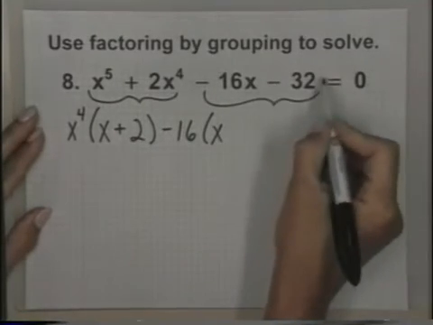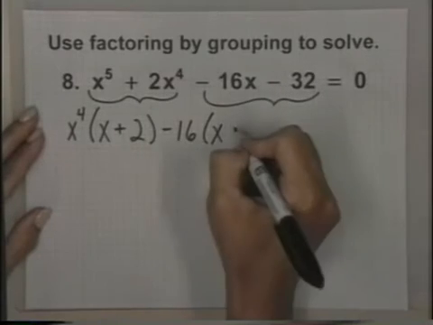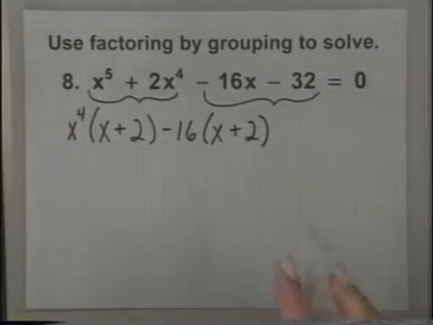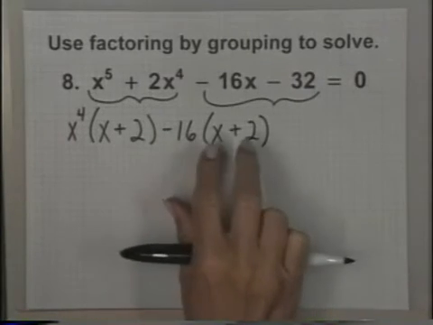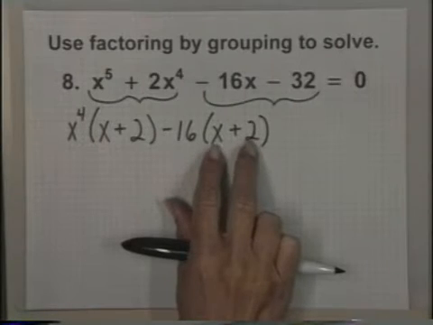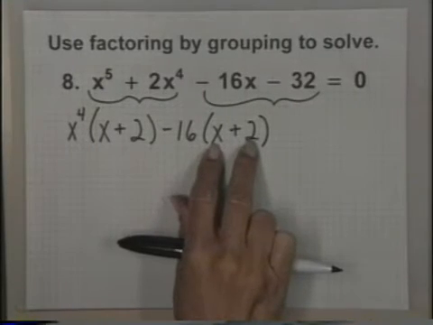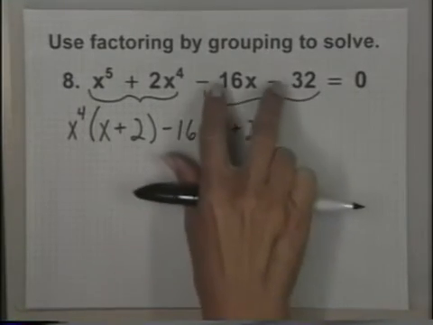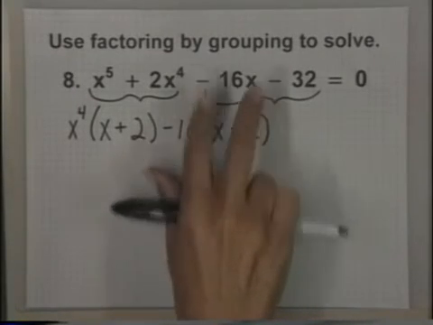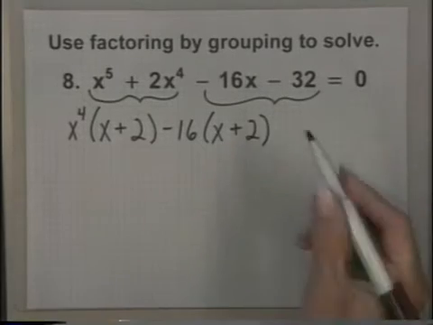And when we factor negative 16 out of negative 32, we're left with positive 2. Once again, remember, if we take a negative out, the signs of what's left in the parentheses should be the opposite of what we had to begin with. Our signs initially were negative here, and now notice they're both positive.